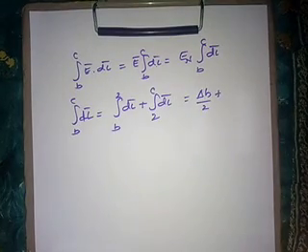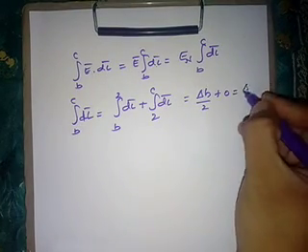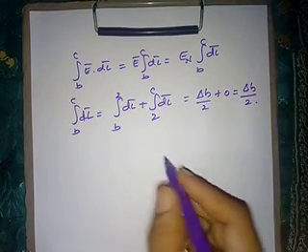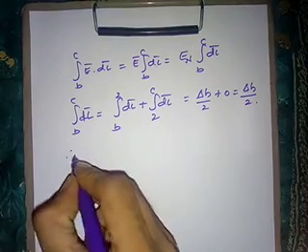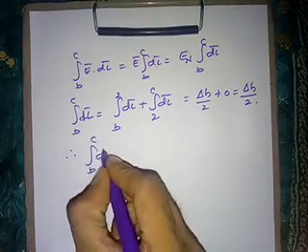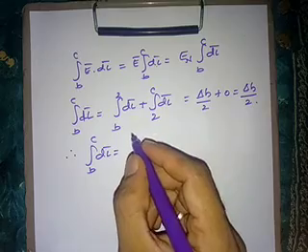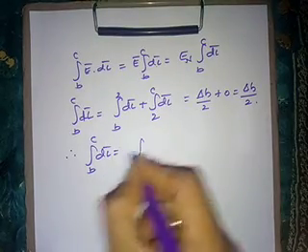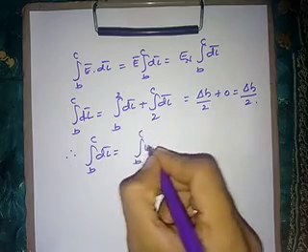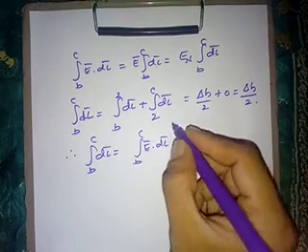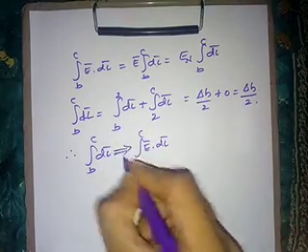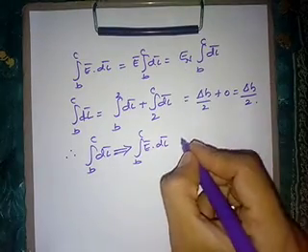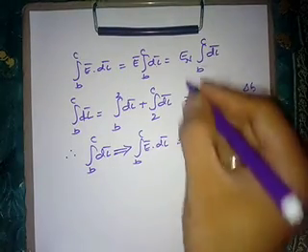So we have only delta H by 2. Therefore, integral B to C E bar dot dl bar is equal to En, that is the normal component, times delta H by 2.